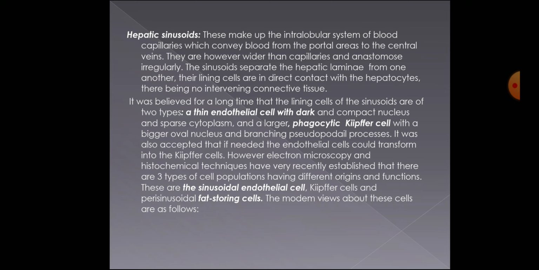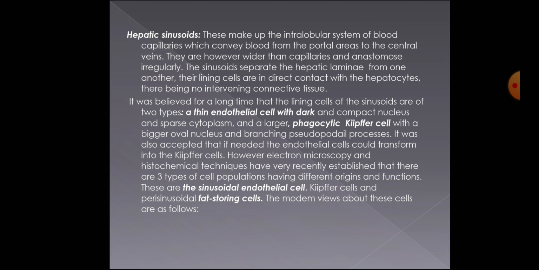They are wider than capillaries and anastomose irregularly. The sinusoids separate the hepatic lamellae from one another. Their lining cells are in direct contact with the hepatocytes, there being no intervening connective tissue.